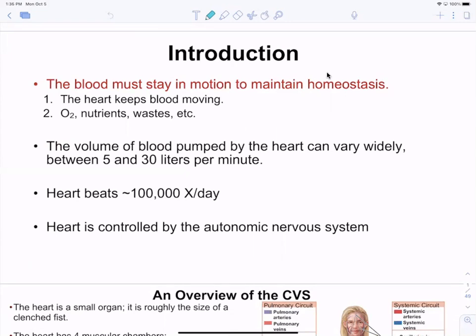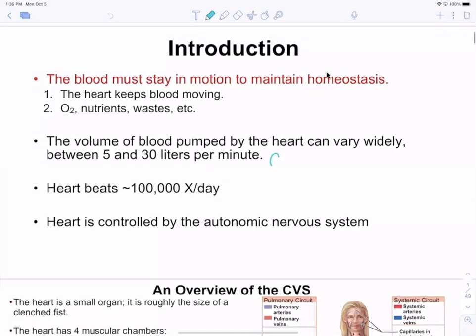So the volume of blood pumped by the heart, an actual volume of liquid blood being pumped or circulated through our cardiovascular system or circulatory system, we actually measure in liters per minute. Now, this is what we call our cardiac output.